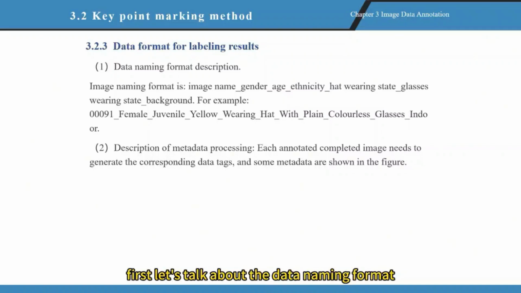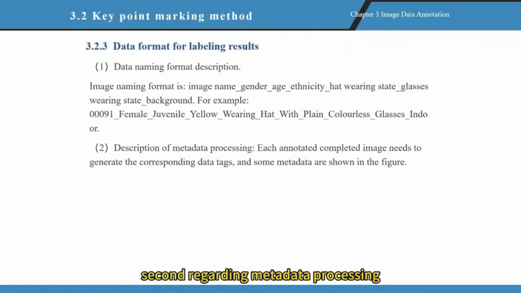First, let's talk about the data naming format. The image naming format is image name _ gender _ age _ ethnicity _ hat wearing state _ glasses wearing state _ background. For instance, it could be like 00091 _ female _ juvenile _ yellow _ wearing _ hat _ with _ plain _ colorless _ glasses _ indoor.